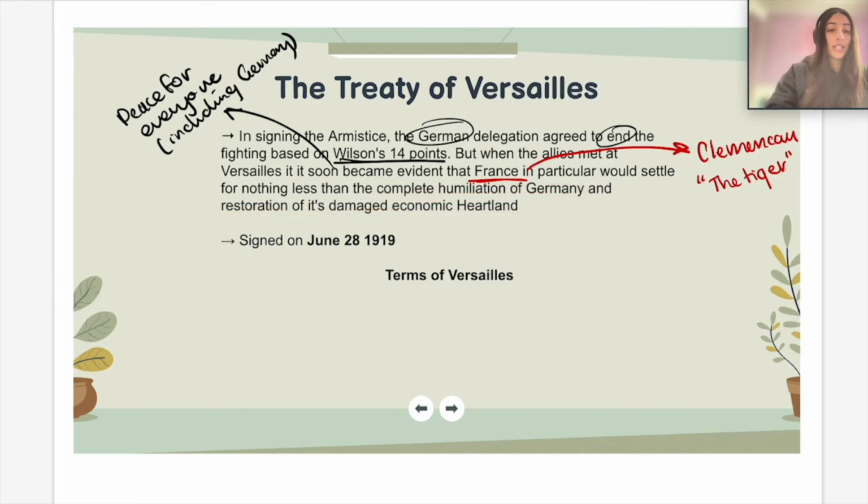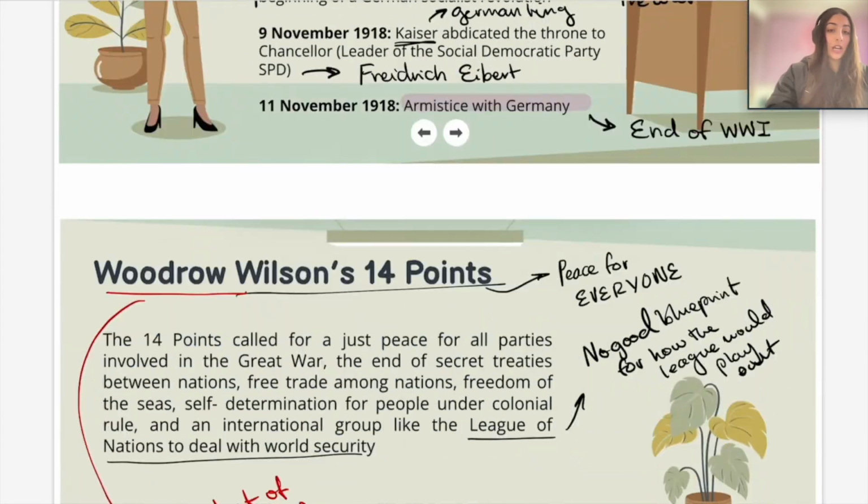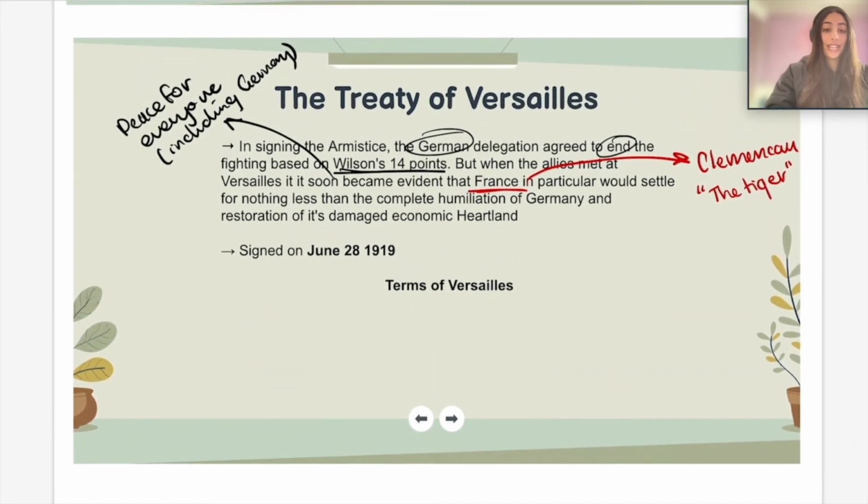So the Treaty of Versailles, this is a key date. All the other dates that I mentioned, especially up here in 1918, are not necessary to have memorized, but this one is a very key date that you really have to know: the Treaty of Versailles was signed on June 28th, 1919.